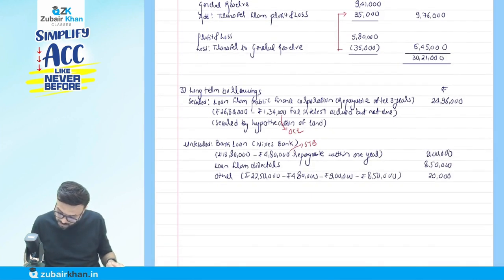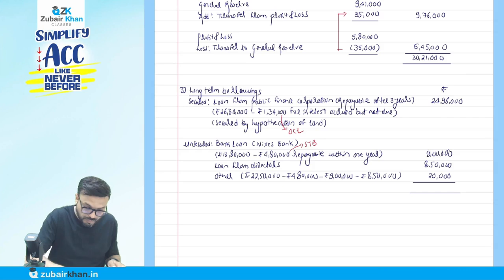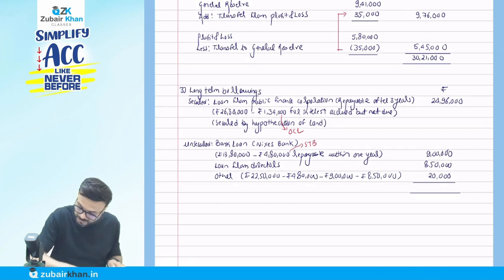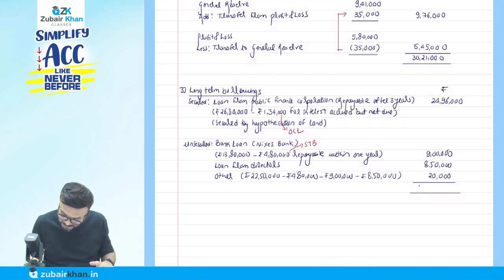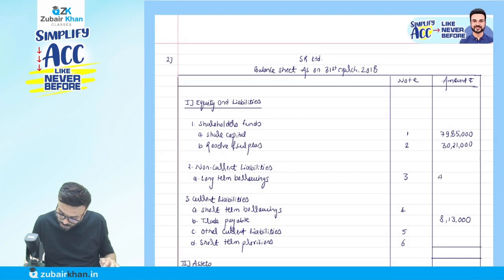Now third is 24 lakh 96,000 plus 9 lakh plus 8 lakh 50,000 plus 20,000. That is coming 42 lakh 66,000. Write down here 42 lakh 66,000.